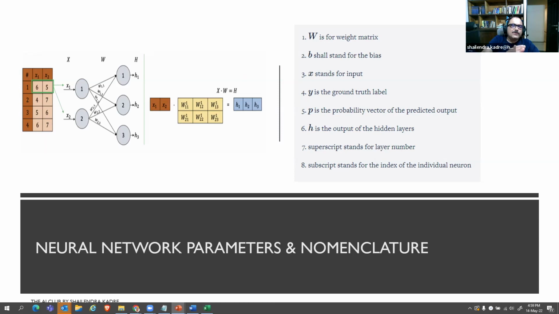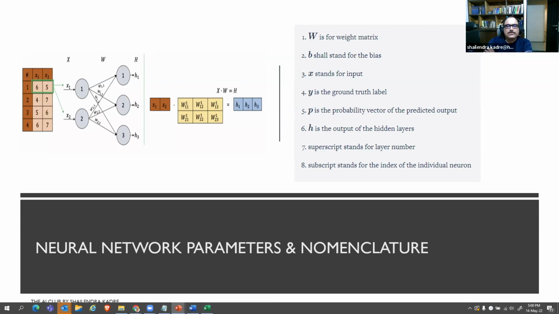If superscript is 1, that means it belongs to layer number 1. This is the basic nomenclature we use when we are introduced to neural networks. I'm just revising it. You see here we have a matrix: W1 on top, 1 is the superscript, and after that the subscripts W11, W12, W13, W21, W22, W23.